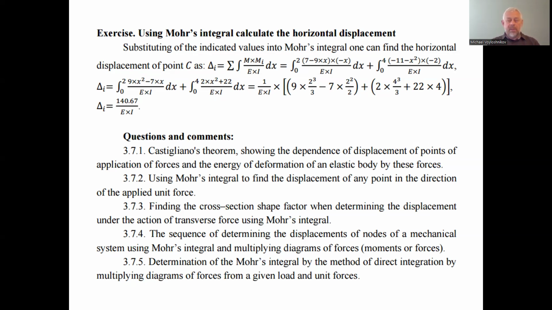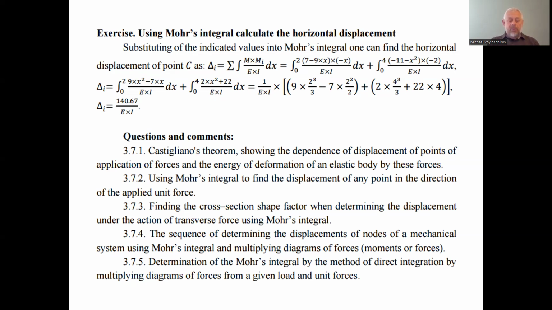For one summand of the Mohr integral, the displacement of the points of the element of the mechanical system under action of the shearing forces, we count not only the diagrams of the action of the external load on the shearing forces, and not only the diagram of the unit forces acting on the mechanical system in the direction in which we have to find the displacement.